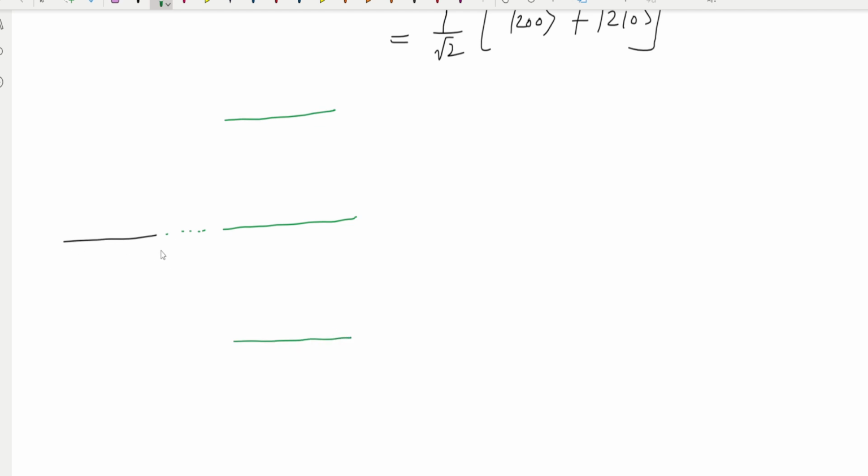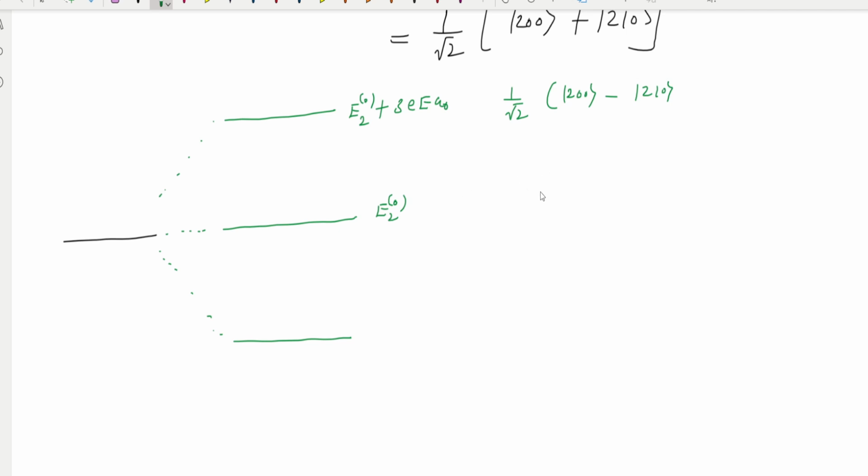Okay, this is E2 zero plus 3 E A naught energy level, I mean eigenvalues. Eigenfunction, this one, corresponding eigenfunction 200 minus 210.